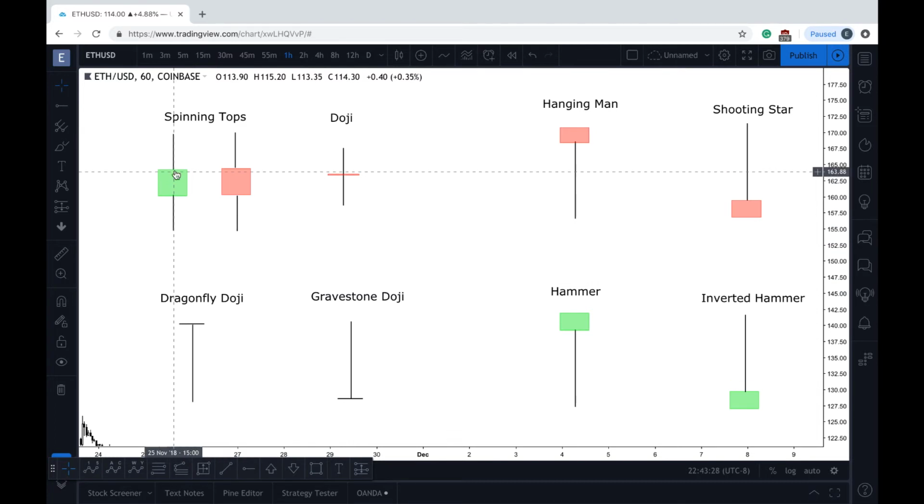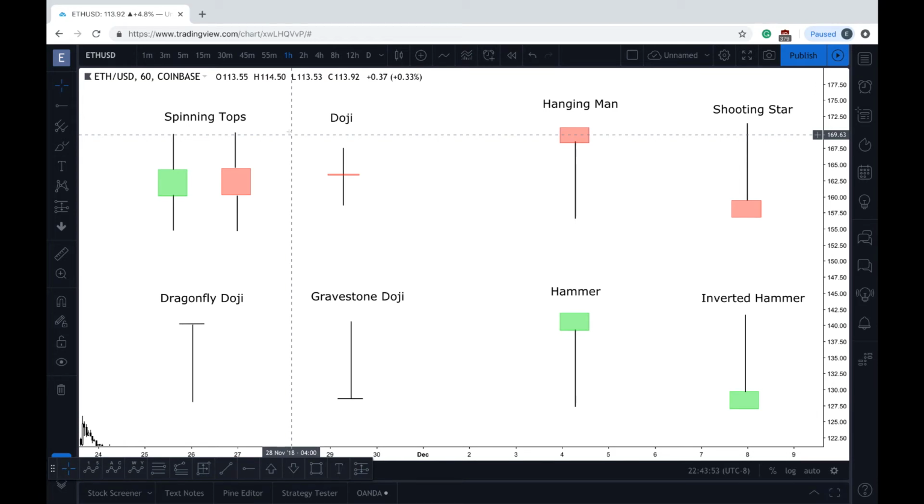The bulls at one point pushed it up, it got pushed back down, it went all the way down there, ended up closing a little green or a little red, but mainly it just shows indecision in the market. And that means that neither the bulls nor the bears are strong enough to make it a decisive candle to push it in either direction.